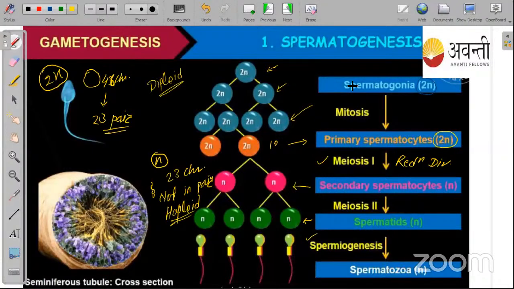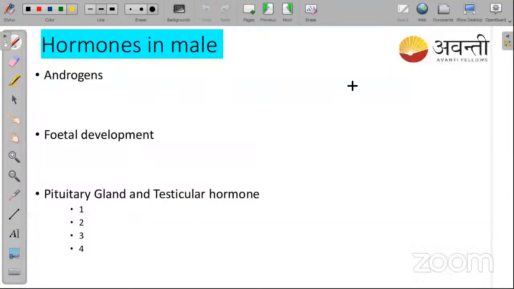We want to discuss the complete process in future, so don't worry about it. If you have a doubt up to this part, then you can message in the chat box. Let's move ahead. Next, hormones in male.